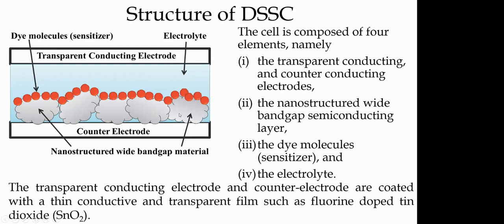That requirement, we will see why we need a large band gap. Nanostructured wide band gap materials, so that you can have more absorption of incident sunlight. These will be at the cathode electrode end.